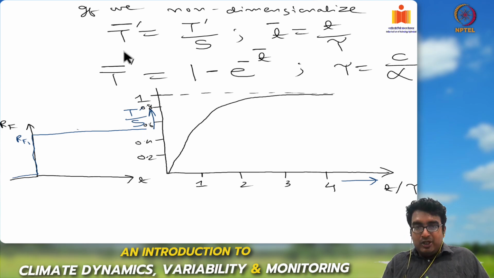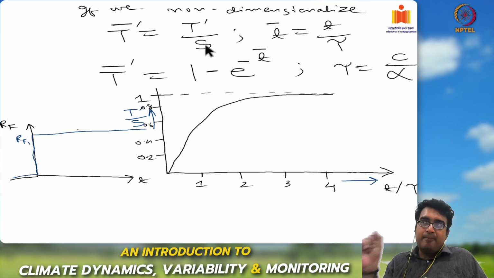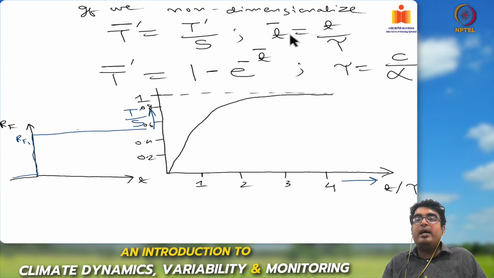We can non-dimensionalize all the parameters. So the temperature perturbation, the non-dimensionalized form T bar prime, is T prime by S. So we are dividing the temperature perturbation by the climate sensitivity, and for the non-dimensional time we are using the actual time by the relaxation time tau.